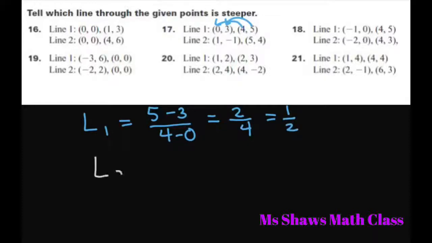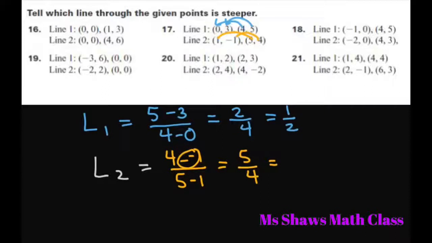And line 2 is going to be 4, let's do this in yellow, 4 minus a negative 1, and this is 5 minus 1. So this gives me 5 over 4, and that's bigger than 1. So that's like 1 1/4. So line 2 is steeper.